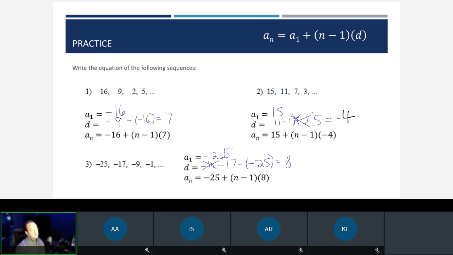So with these formulas, we are then able to find the nth term, whether it's the 10th term or the 100th term. And we can even check these formulas that we derived, these equations, and we can plug in 1, 2, 3, and 4 to make sure we get those first 4 terms. So that's one way we can check.